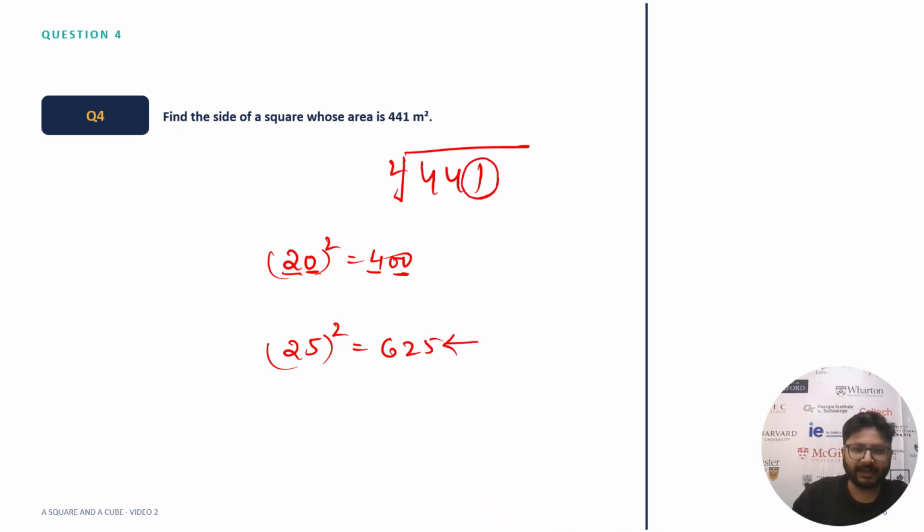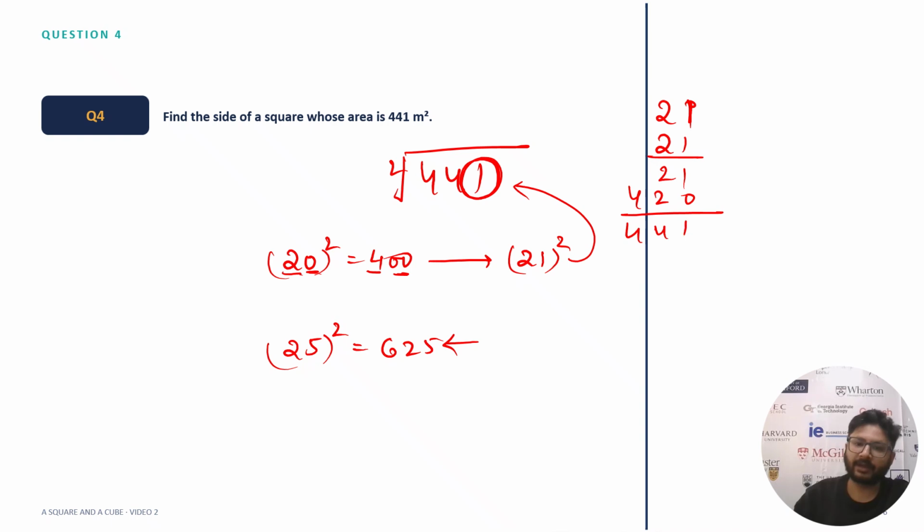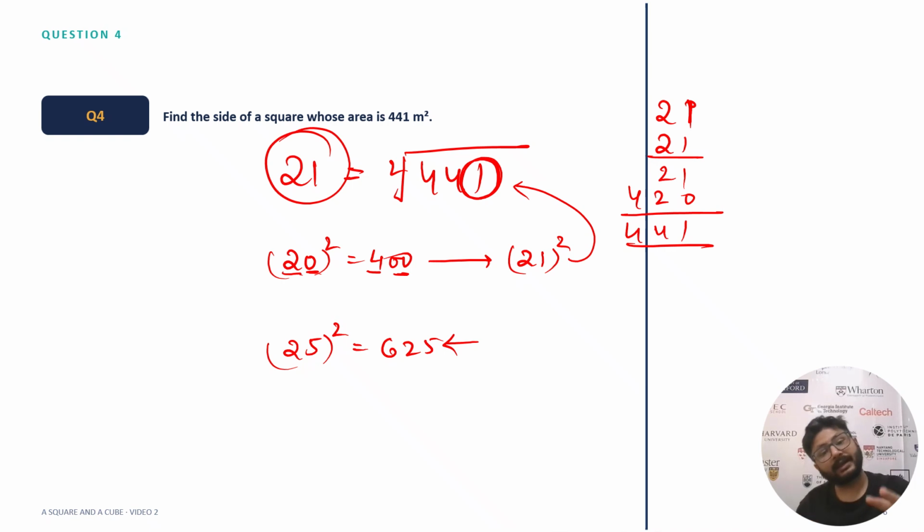Now, since the square is ending with a 1, the original number should also end with a 1. So there's a good possibility that 21 square is equal to 441. I'll just do the calculation on the side. 21 and 42, 441, absolutely correct. So I can say that the side of the square is equal to 21.